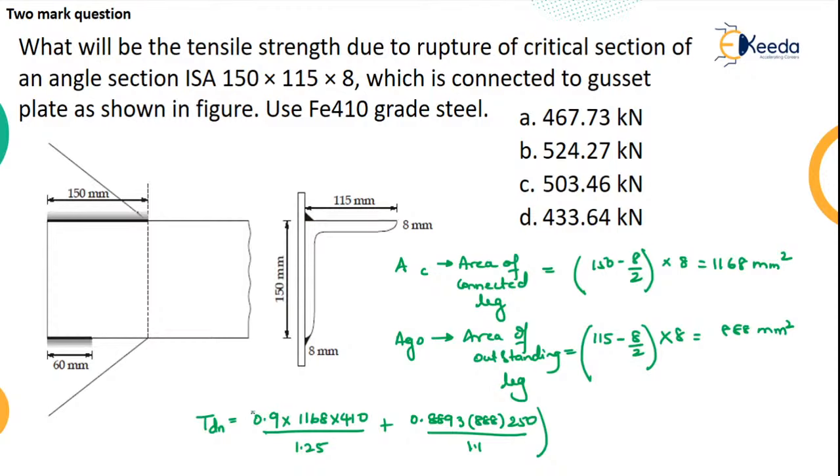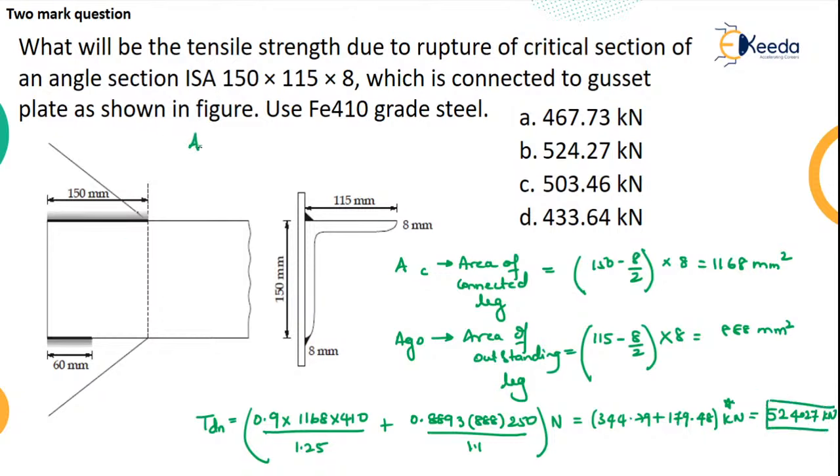So this answer you'll be getting in Newton. So how much is it? It will be 344.79 plus 1179.48, kilonewton. I've converted it to kilonewton. Just have a look at it. So this will be 524.27 kilonewton. Right, this will be your correct answer.